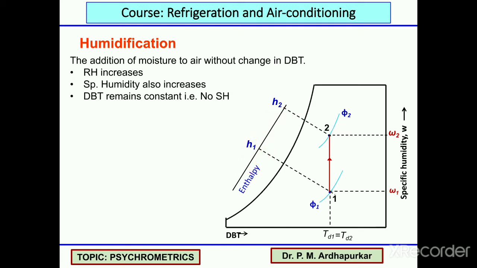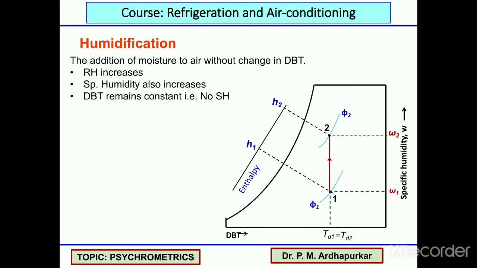Now, the question is, why enthalpy increases if there is no sensible heat addition? Since it is constant dry bulb temperature process, no sensible heat interaction is there. Even then, enthalpy is getting increased from H1 to H2. Now, this increase in enthalpy during the humidification process is because of the addition of water vapor to the air.